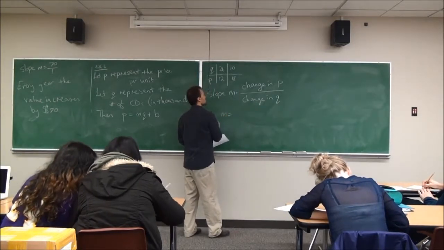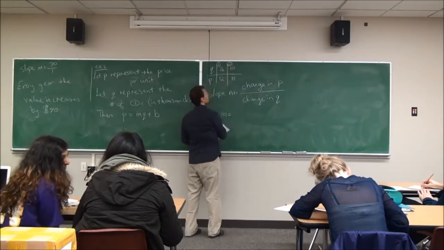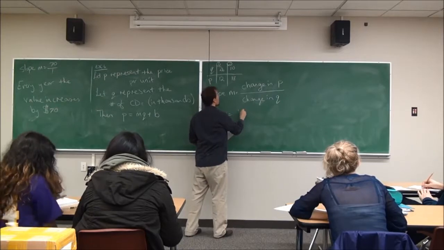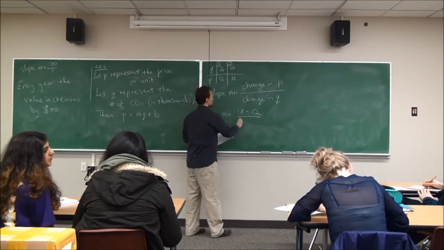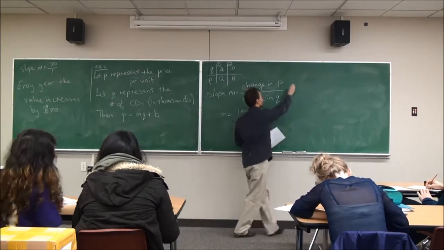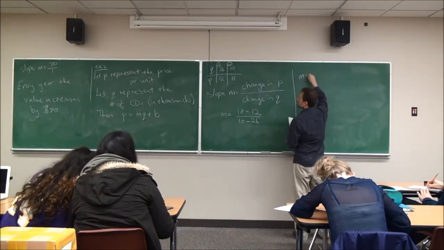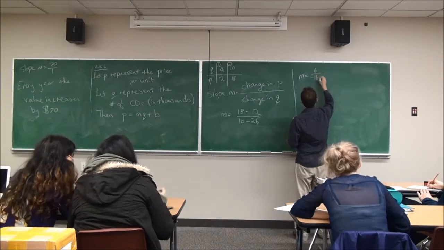So M is equal to, I pick a first point and a second point, doesn't matter which one. Second minus first, so 18 minus 12 over 10 minus 26. What do I get? 6 over negative 60.